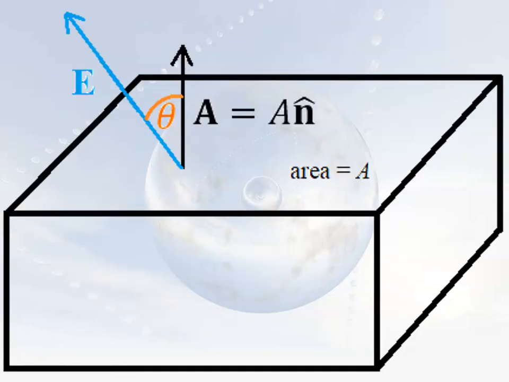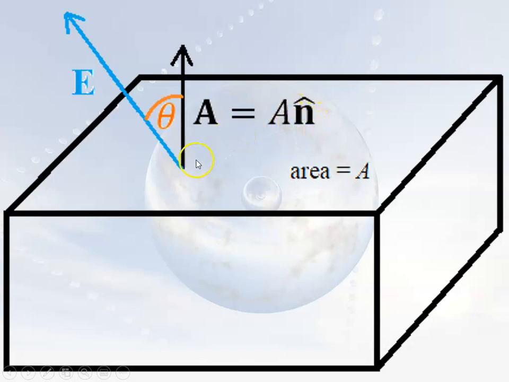So what we mean by that is, in this picture, let's say we have some rectangular prism that has a top surface with an area of capital A. Well, in that case, the area vector for the top surface will be a vector of magnitude A pointing directly up, since it's the top surface, multiplied by a unit normal vector.